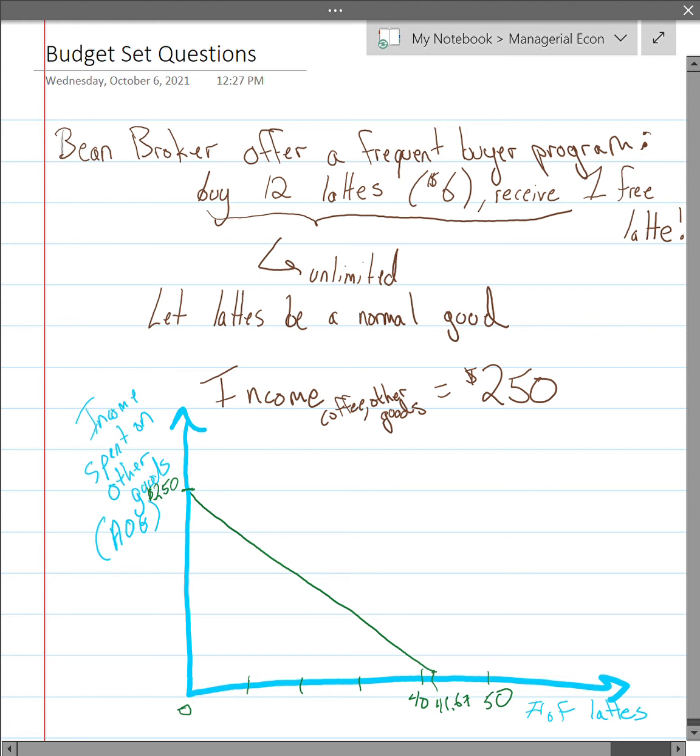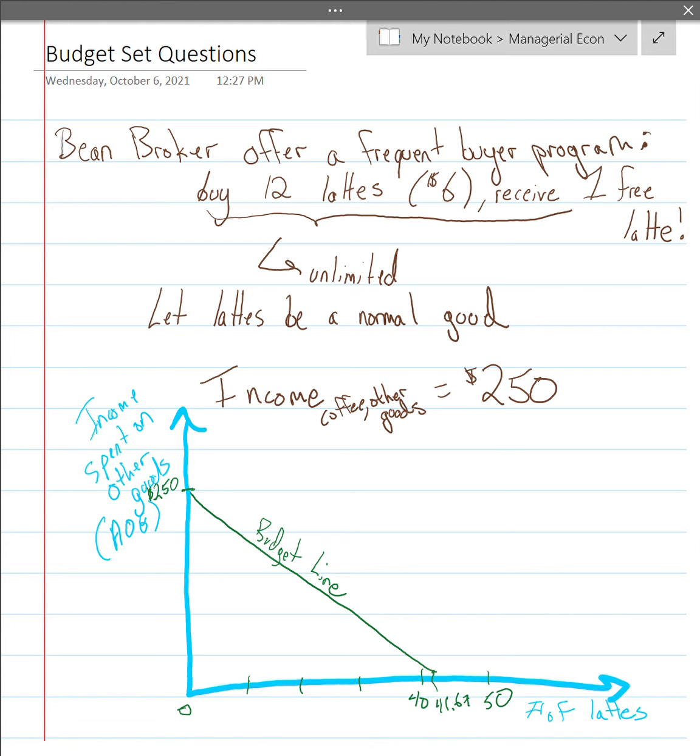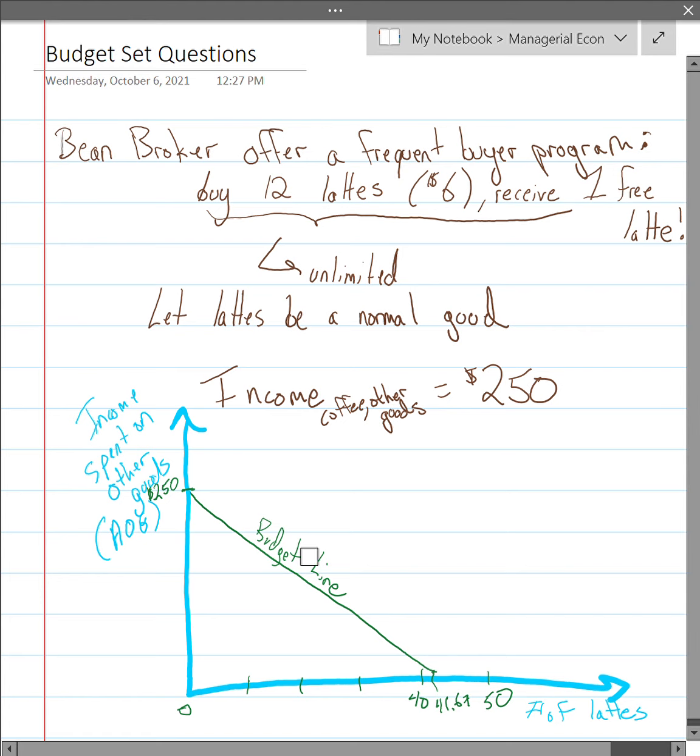Bing, bang, boom. Got ourselves a budget line. And so now we're asked, what happens when this frequent buyer program is introduced? How does that change the budget line? And so I actually should not have wrote budget line right there, because I'm going to need to be drawing other stuff there, but we know what it is.